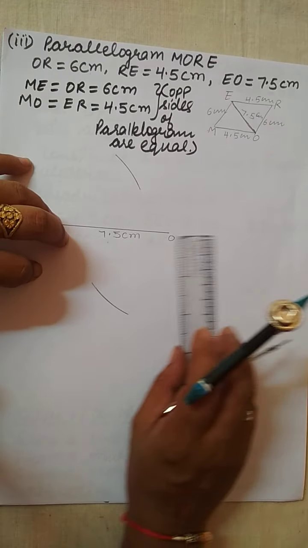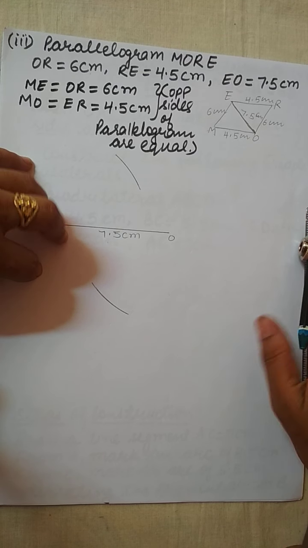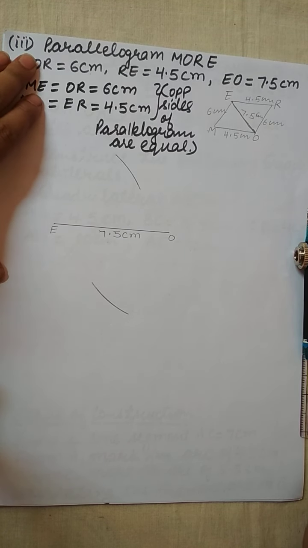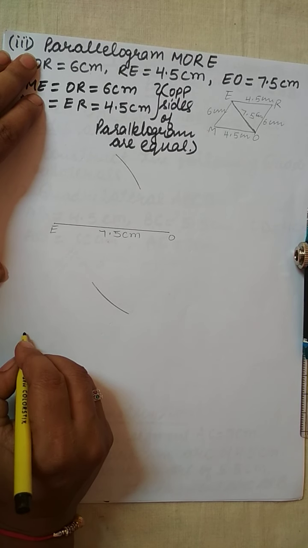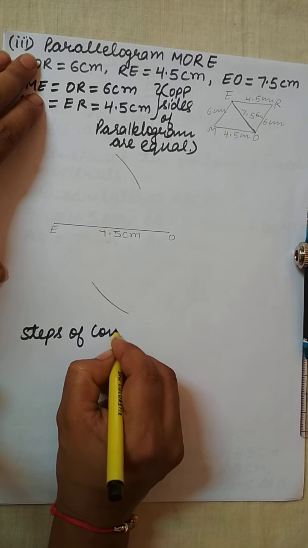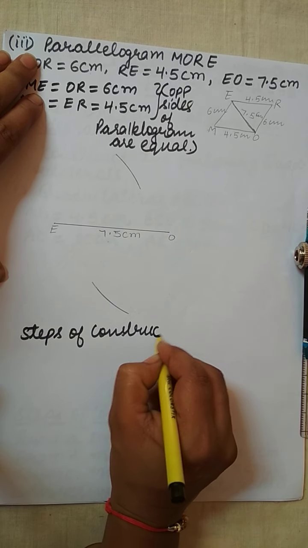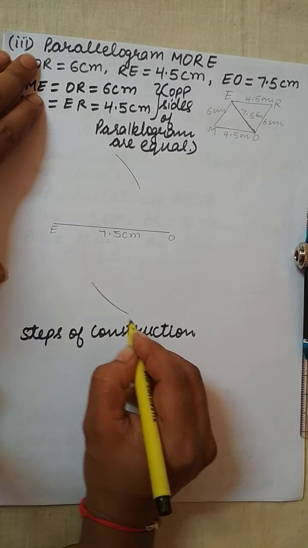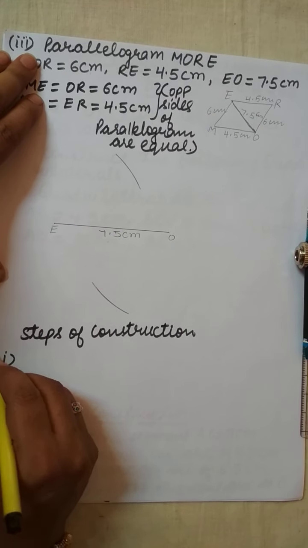Now also write down the steps of construction side by side. Steps of construction. Firstly, we have drawn the line segment.